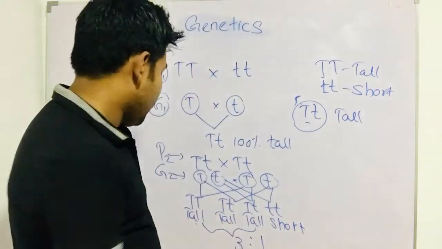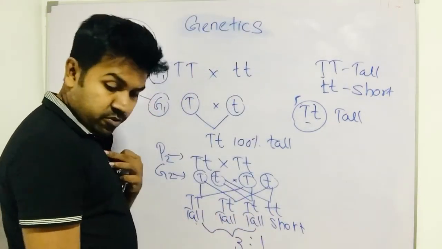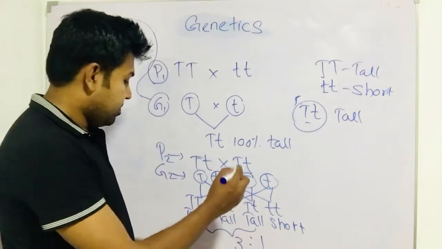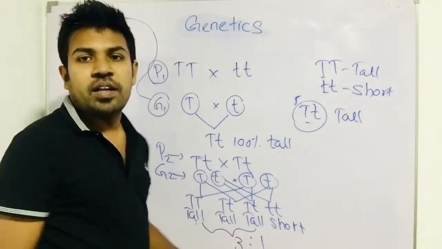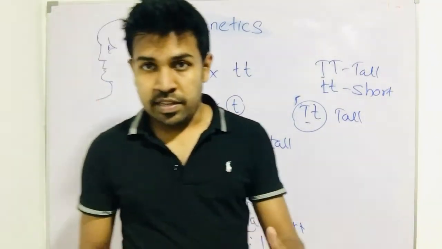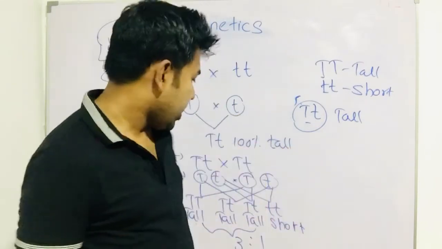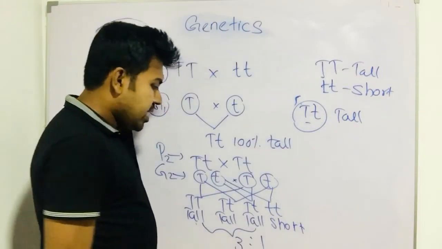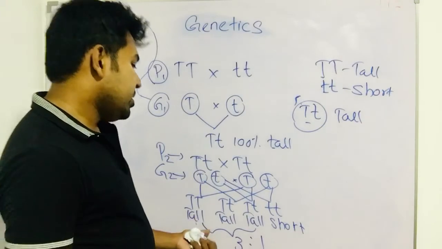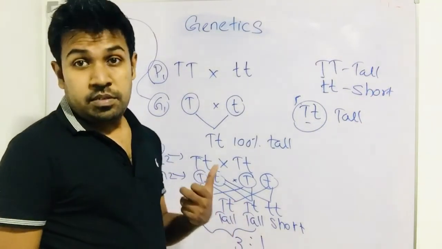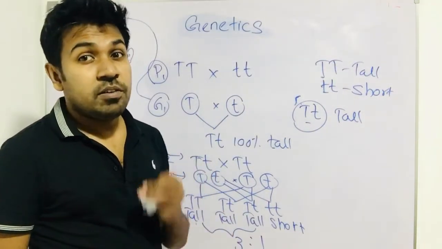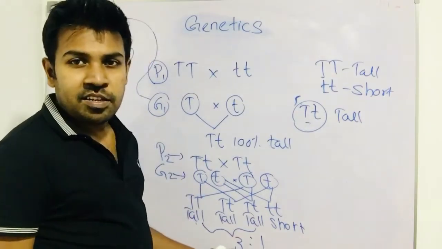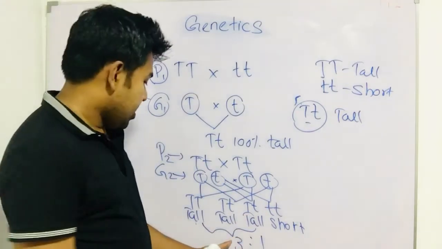Therefore 3:1 is the result of this. Then another name given is called genotype. This is phenotype.